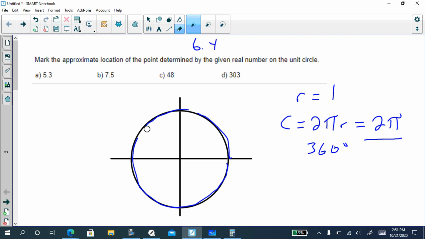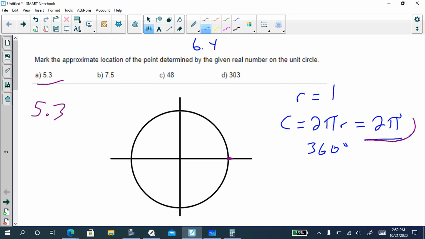So if we want to find out where we would be if we started here and went a distance of 5.3, then we would want to convert that into portions of a rotation. So if we have a distance of 5.3, one rotation going all the way around is 2 pi.